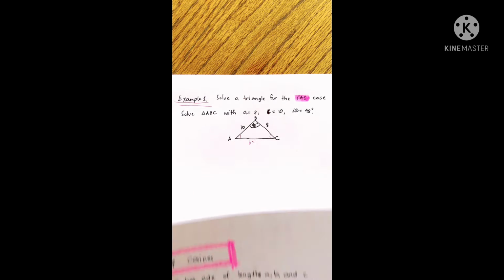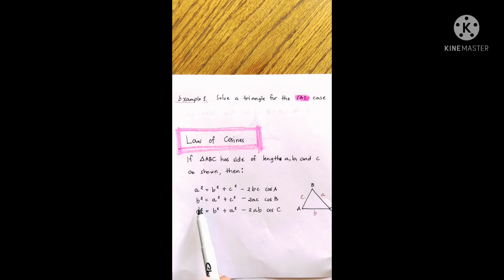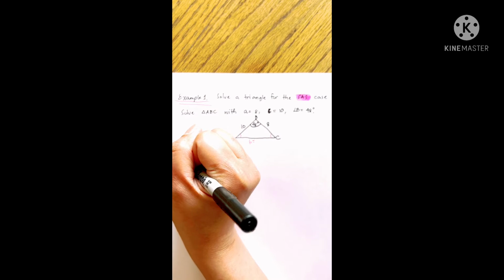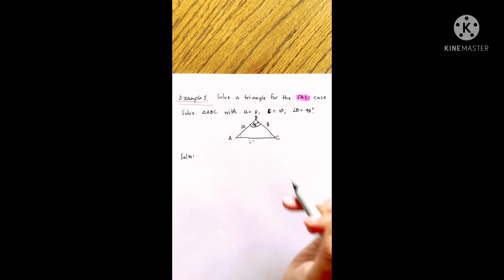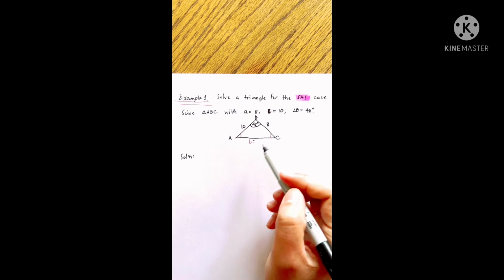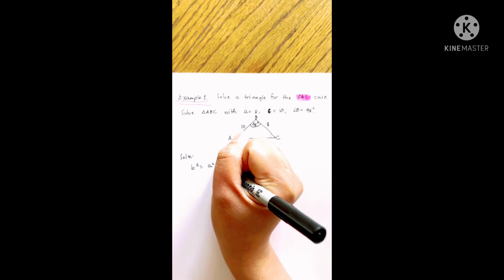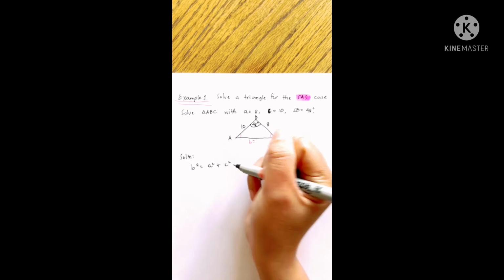Okay, so we're gonna use this second equation over here, b squared. All right, so b squared is equal to a squared plus c squared.